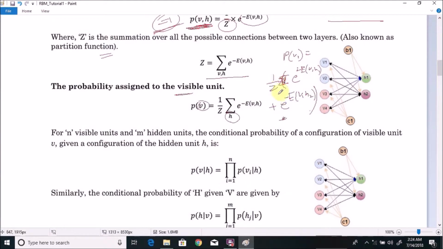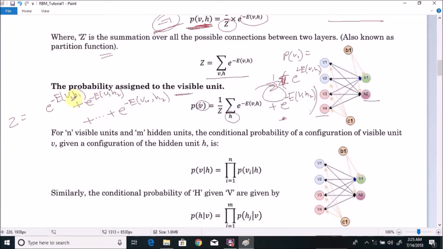So in this case, and similarly, here Z will be equal to e to the power minus E(V1,H1) plus e to the power minus E(V1,H2) plus e to the power minus E(V4,H2), as we have V4 till H2.